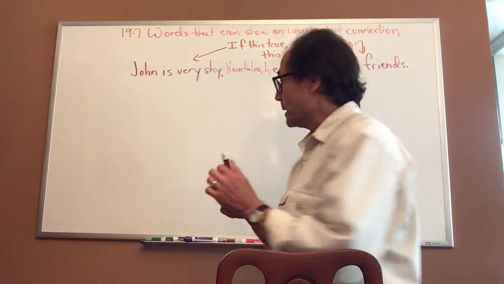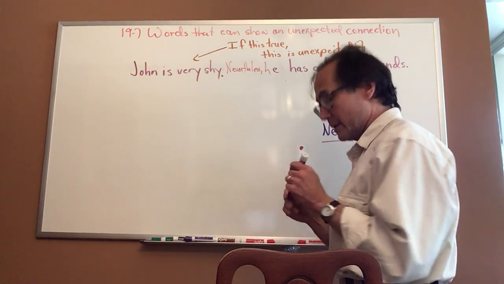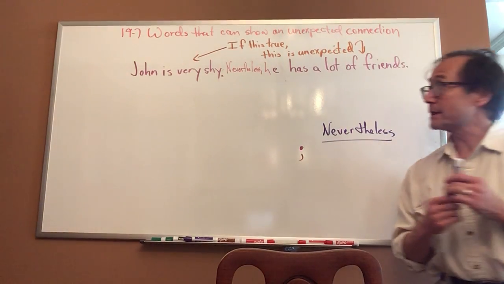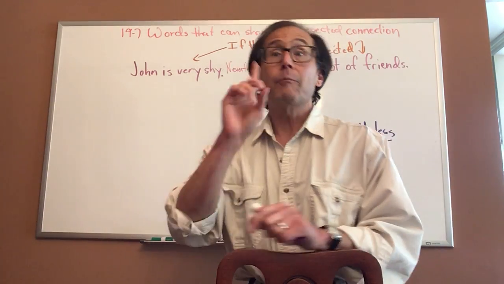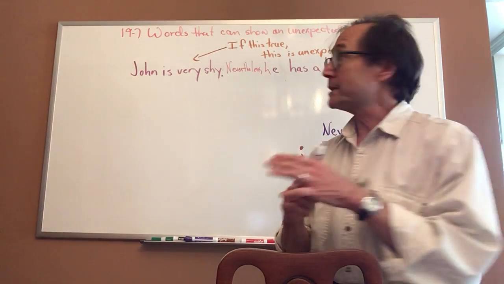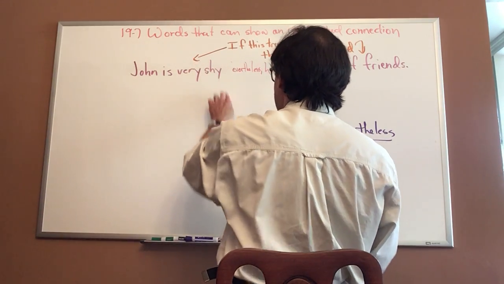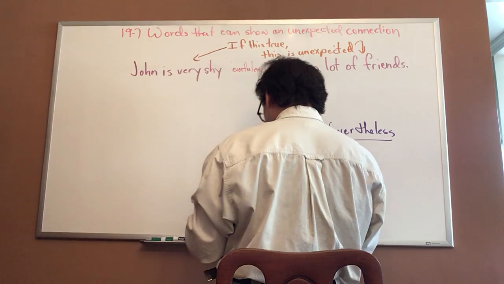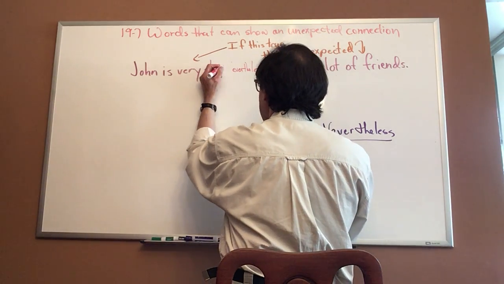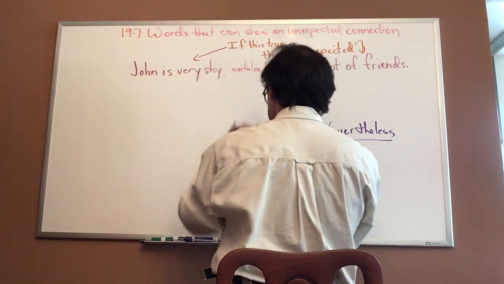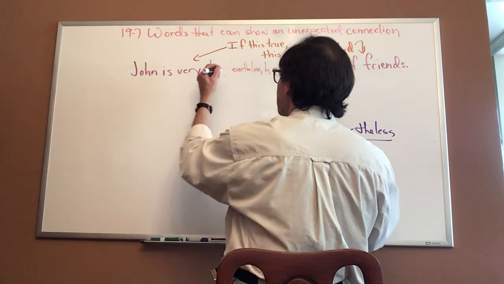But I can use one of these, a semicolon, to join two sentences together. So nevertheless cannot join these sentences, but if I want them to be one sentence, then I can get rid of the period, and I get rid of the capital N, and I will put a semicolon. Actually, let me use a different color, and I want this to be really clear.